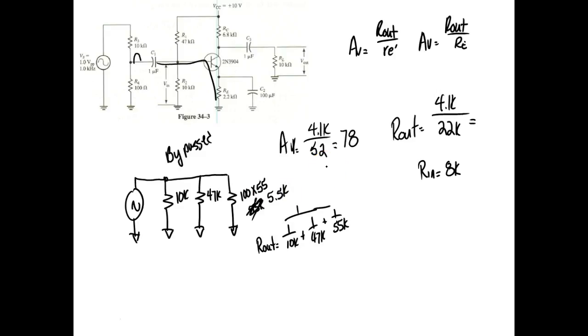So it's 10K reciprocal plus 47K reciprocal plus 5.5K reciprocal equals reciprocal. There we go. So this comes up to 4.9K. And what did we measure? We measured 4.4K. That makes a lot better sense. This is 5.5K, guys. It's not 55K. I looked at that and said, that can't be 55K.